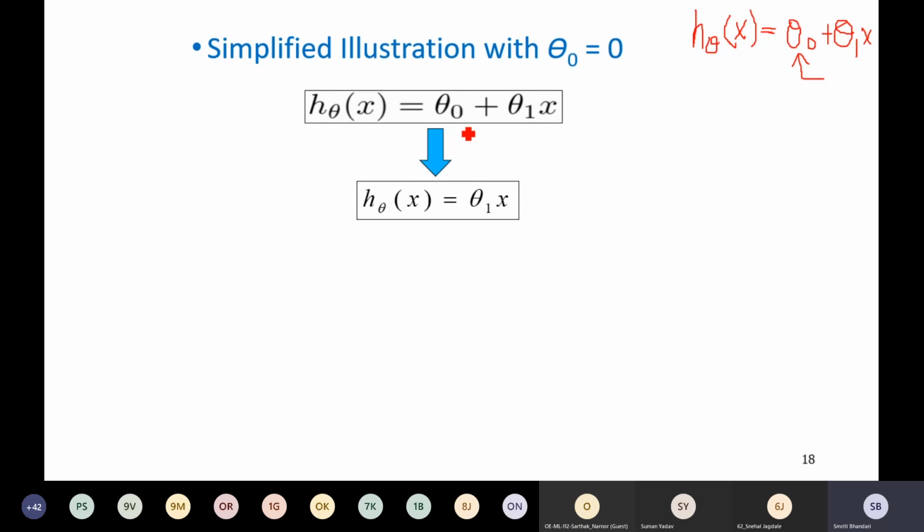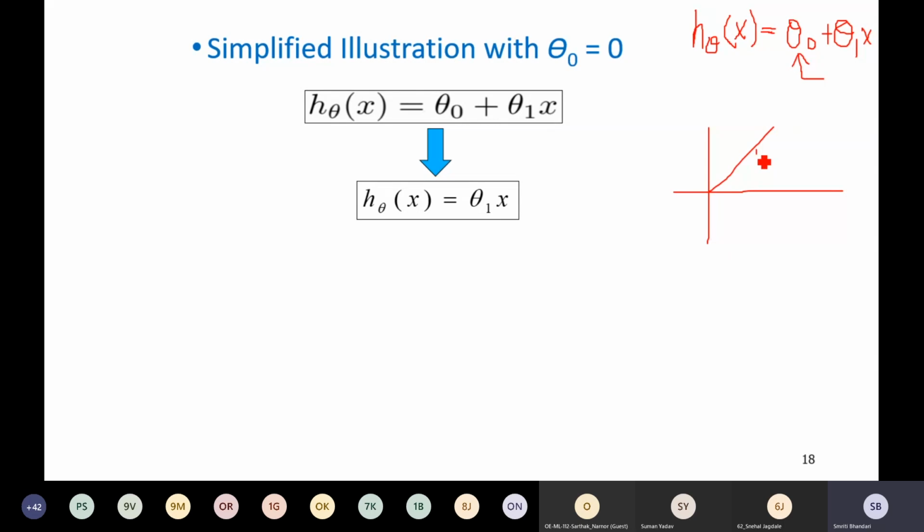So by making this theta 0 equal to 0, what are we trying to do? This is a linear equation of a line, and if I have the intercept equal to 0, this indicates that I am going to consider only the lines that pass through the origin.